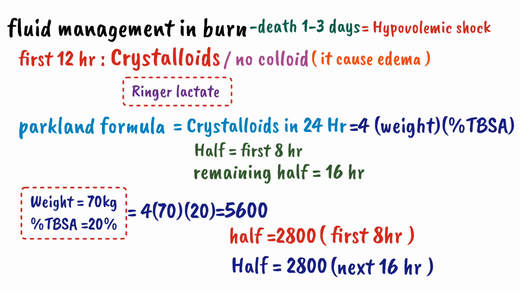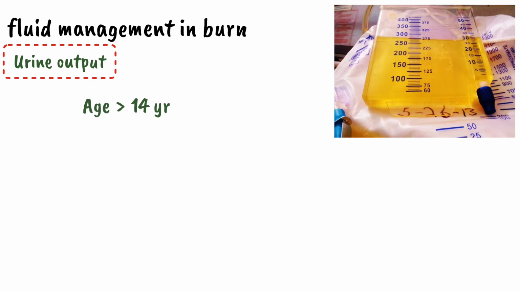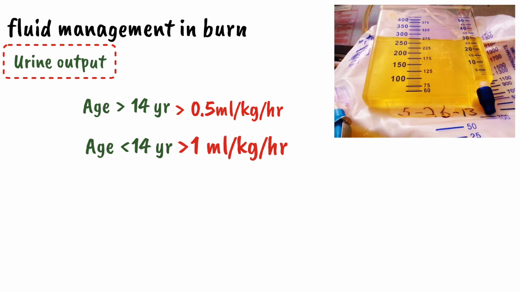Now another question arises: how will we confirm that the patient is actively resuscitated according to the Parkland formula? To check the active resuscitation, we will check the urine output of the patient. If the patient's age is greater than 14 years, the urine output should be greater than 0.5 ml per kg per hour. If the age is less than 14 years, the urine output should be equal to 1 ml per kg per hour.